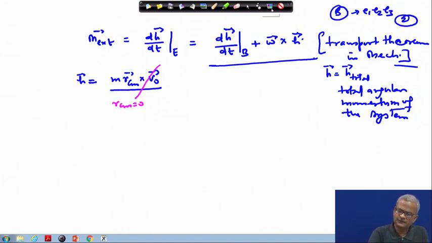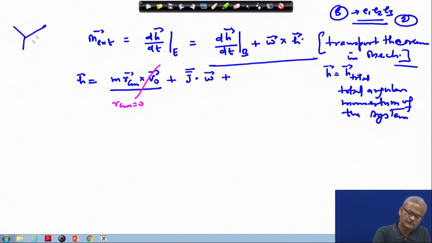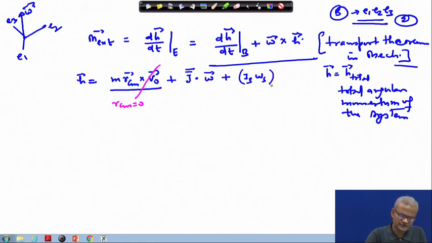So, this term will drop out and the rest we have J dot omega, where omega is the angular velocity of the frame E1, E2, E3. And then we have written Is times omega s times Ea cap. Okay. So, last time we derived all these things.